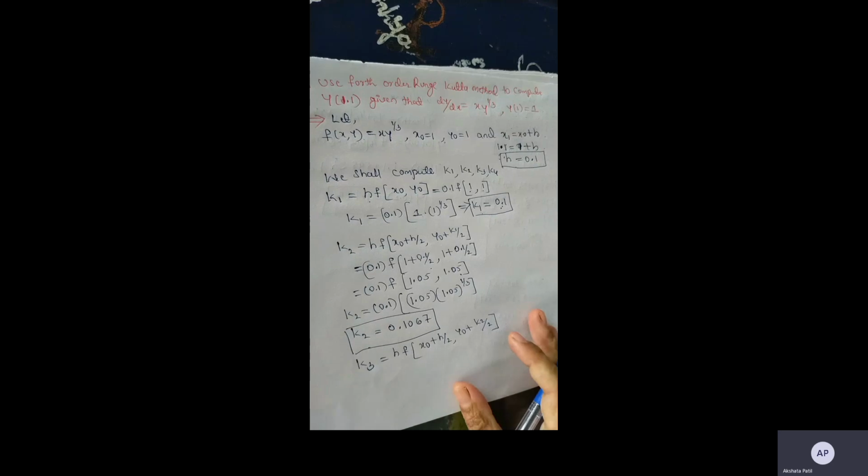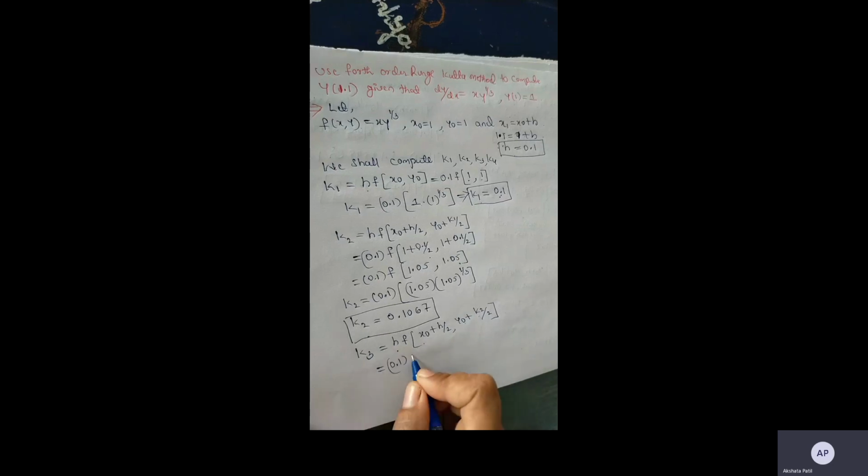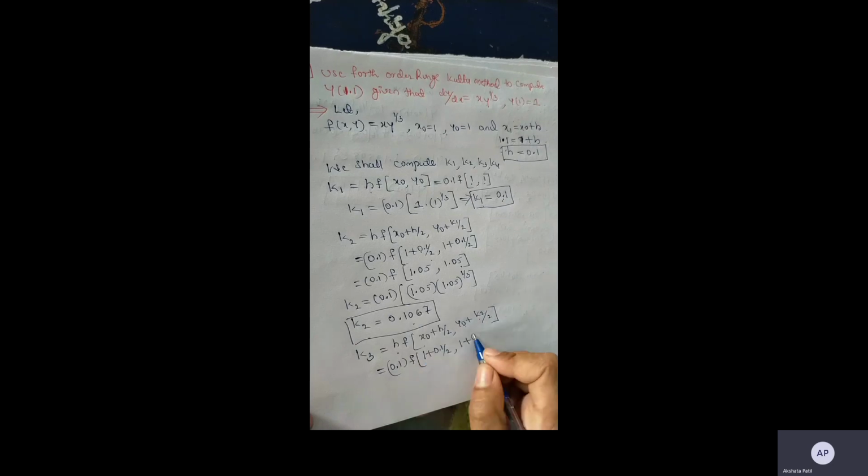So write it down, substitute the value of h, x0 value, y0 value and k2 value in the k3 formula. So h is 0.1, the function of x0 value is 1 plus h value 0.1 divided by 2, y0 is 1 plus k2 value is 0.1067 divided by 2.